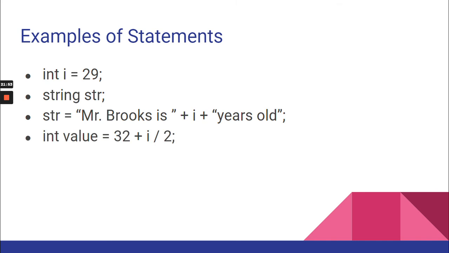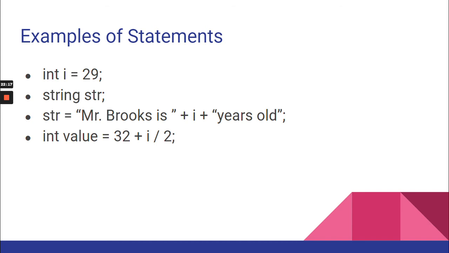How about this one? Well, we know I is 29, so in your brain, just think of I. There's a 29 right here. So 32 plus 29 is 61, divided by 2 is 30. Is that correct? No. Because of PEMDAS, we do this one first.